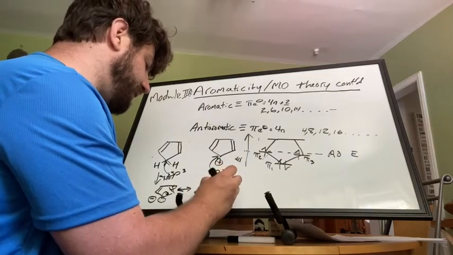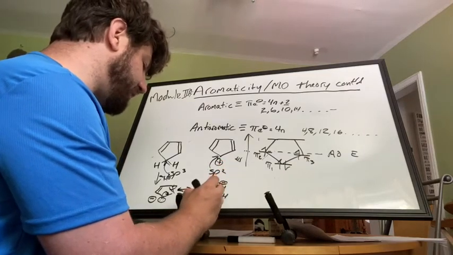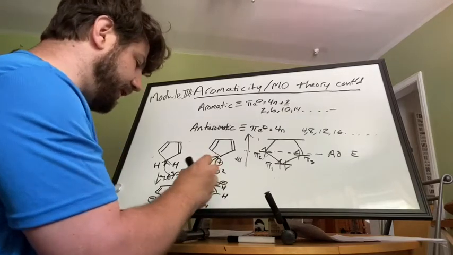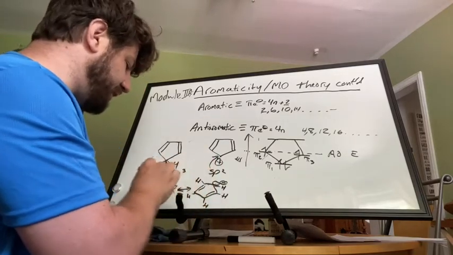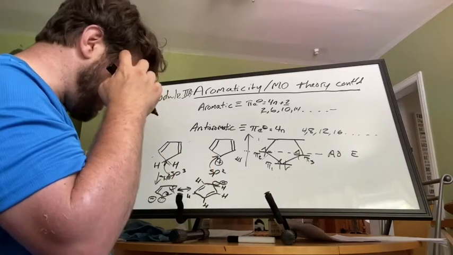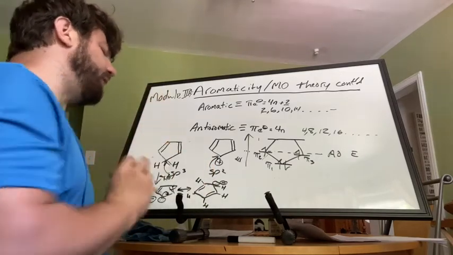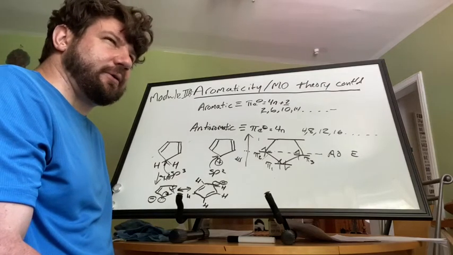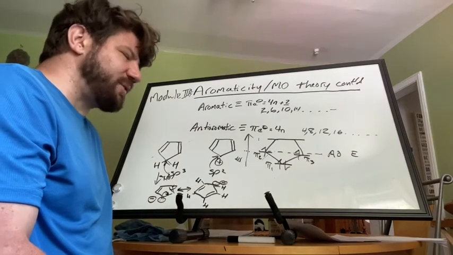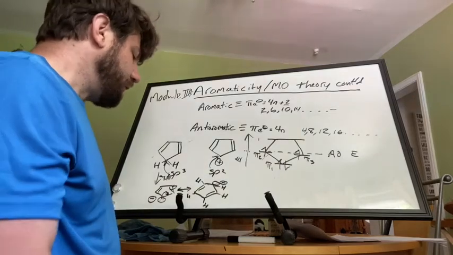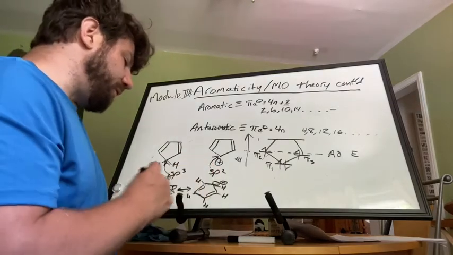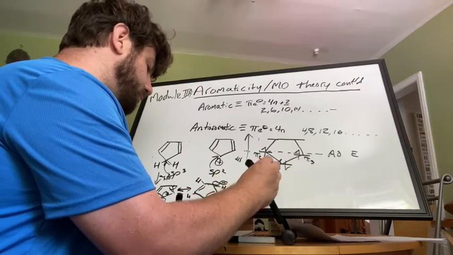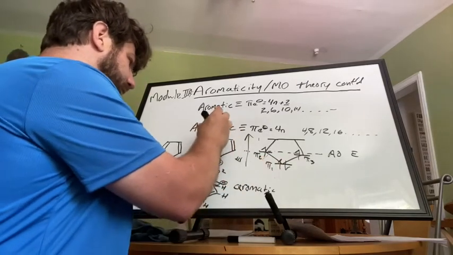So each one of these carbons is just going to have one hydrogen branching off, right, outside of the ring itself. So this is constantly going to be resonating. Okay. So this is going to have a comparatively lower pKa. I couldn't tell you right off the bat. I think it's somewhere around 16. But nonetheless, this is going to be an aromatic structure. And this is going to be anti-aromatic.